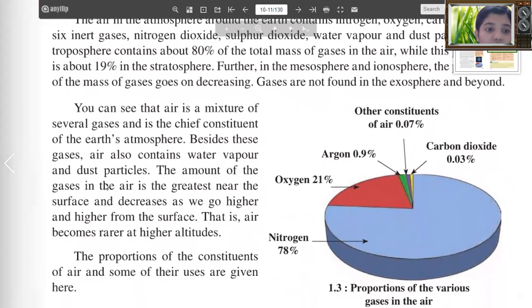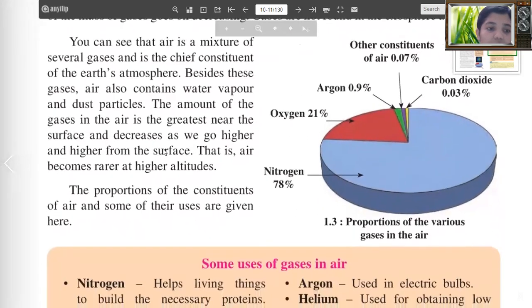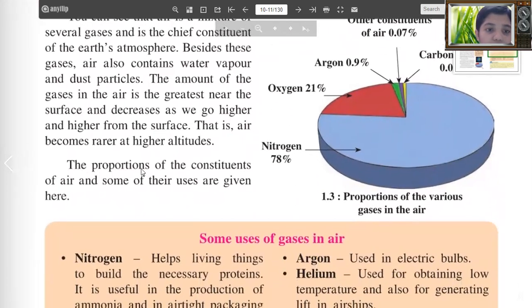The amount of the gases in the air is the greatest near the surface and decreases as we go higher and higher from the surface. That is, air becomes rarer at the higher altitudes. The proportion of constituents of air and some of their uses are given here.